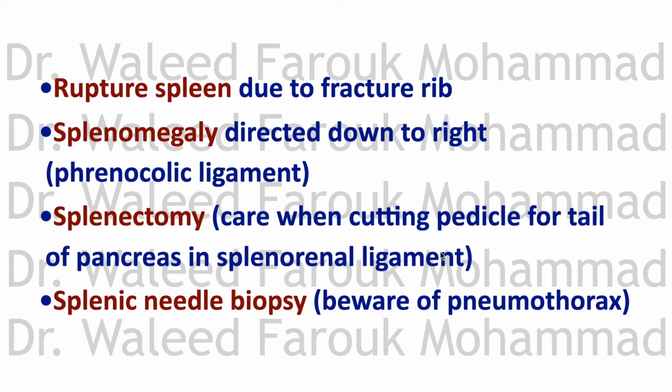So in case of needle biopsies, especially in the 9th, 10th, and 11th spaces, be careful to avoid these spaces so as not to cause pneumothorax. You should have a different approach, not a direct approach, to obtain a needle biopsy from the spleen.